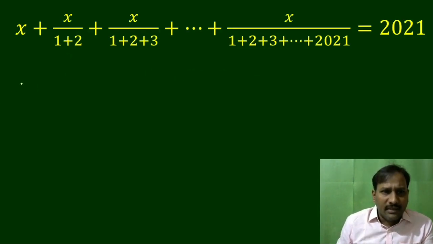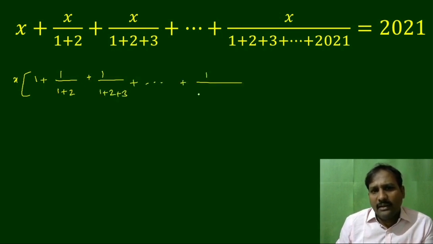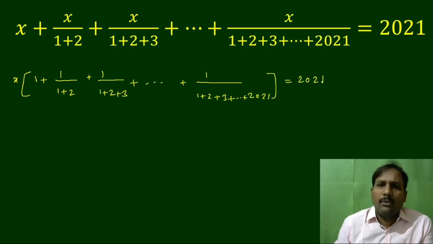Here in every term x is common. So let us take x common. What will you have here? 1 plus 1 by 1 plus 2 plus 1 by 1 plus 2 plus 3 plus so on, 1 by 1 plus 2 plus 3 up to 2021 is equal to 2021.